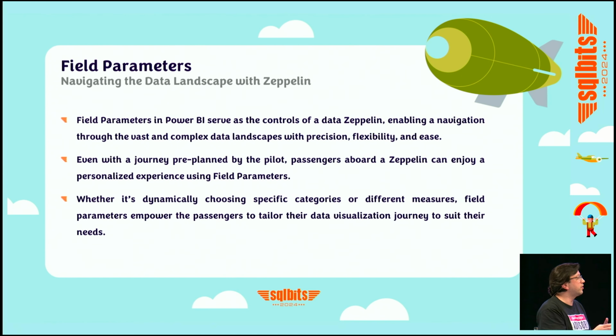We went on board, the pilot prepared everything, and the passenger in the air can say, I don't want to go to B, I want to go to C, and then I go to E. But the pilot has the planning to go there. So the pilot knows how to get there and knows how to land where it goes.